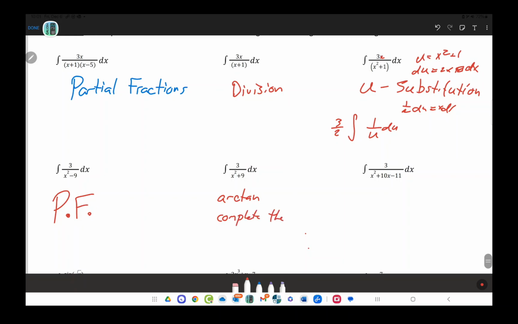The square's already completed. So just arctan it. Just factor out a 1/9, or really, just a 1/3. Now, for the next one, we will want to complete the square, followed by arctan.